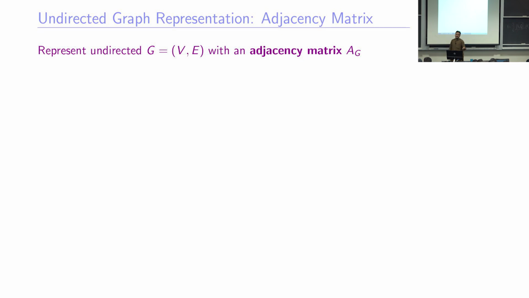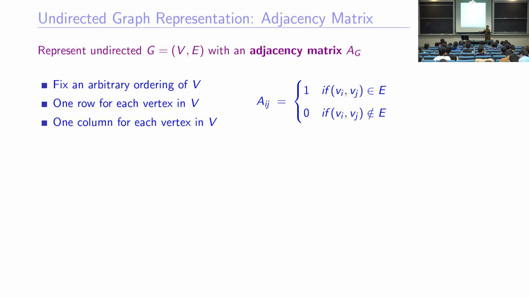So one way to represent this is the so-called adjacency matrix. An adjacency matrix is a matrix. I have one row for each vertex. I fix some ordering of the vertices, some labeling. This is the first vertex, the second vertex. So I have one row for each vertex: the first row is for the first vertex, the third row is for the third vertex, the ith row is for the ith vertex, and one column also in that order for each vertex.